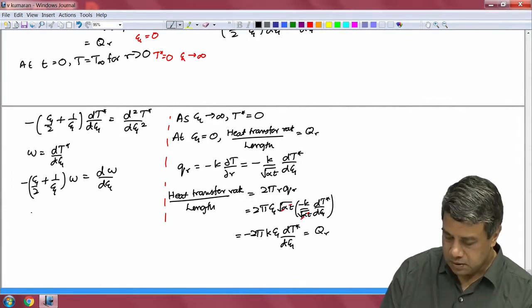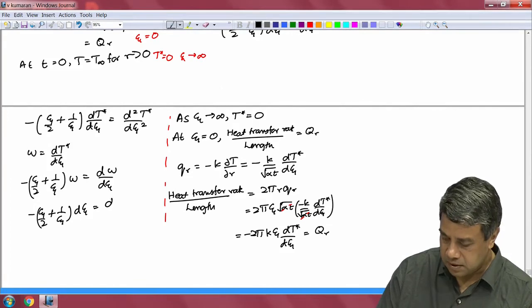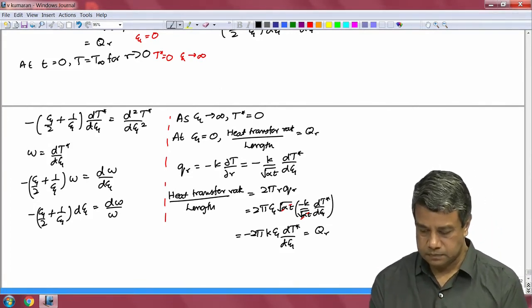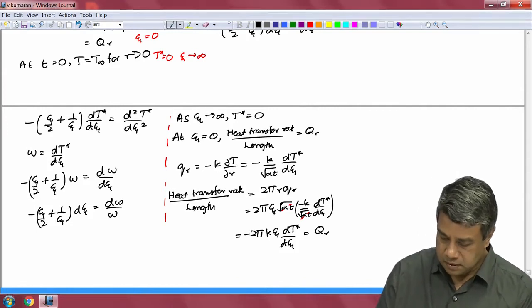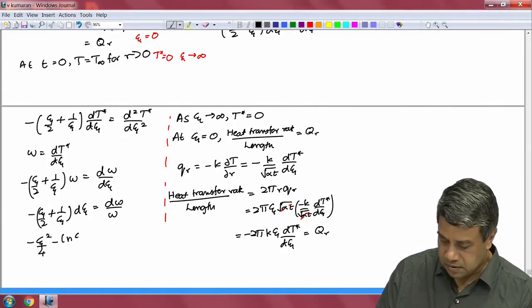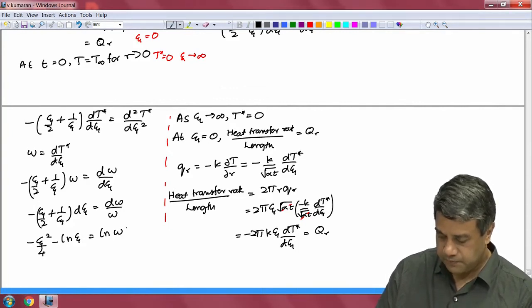You will get minus psi by 2 plus 1 by psi d psi is equal to dW by W. Minus psi square by 4, minus natural logarithm of psi is equal to natural logarithm of W.